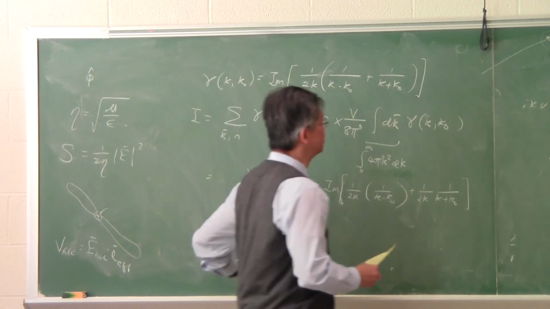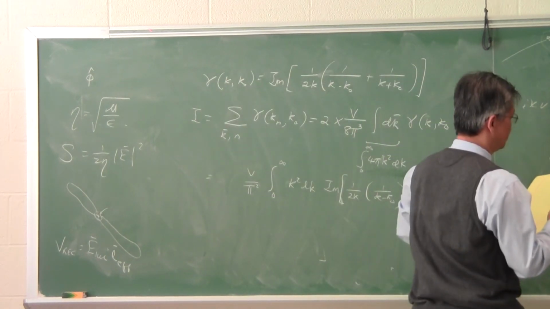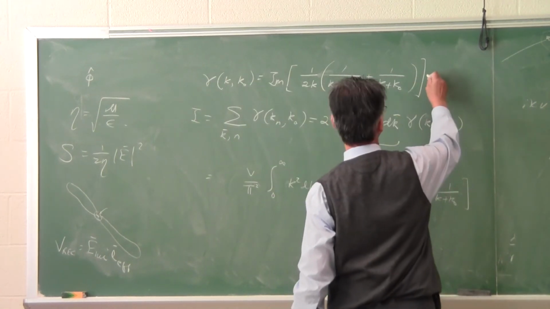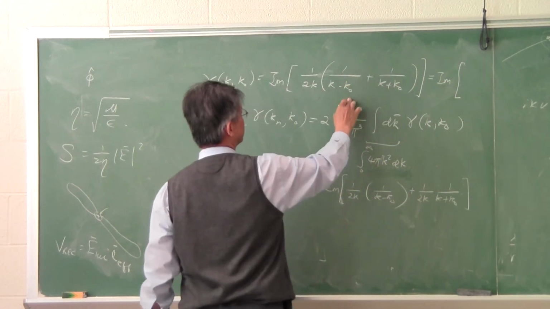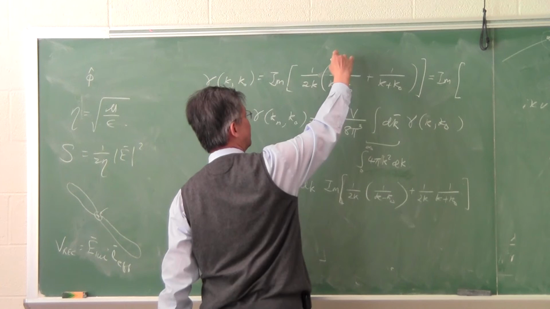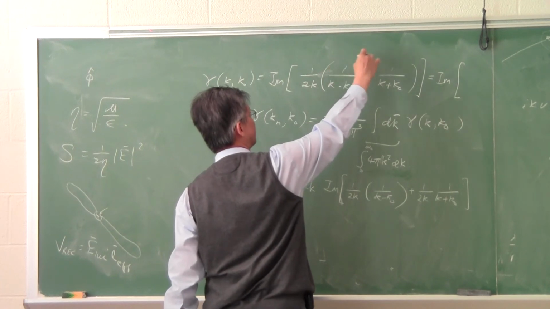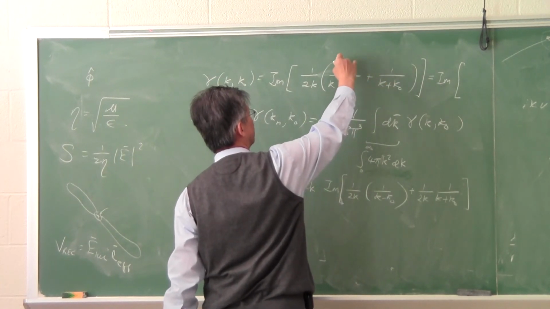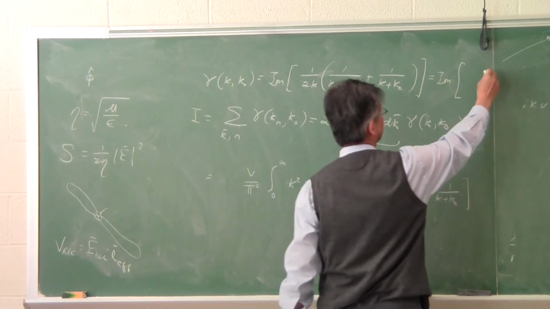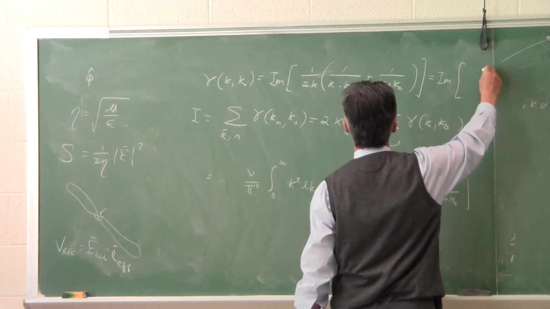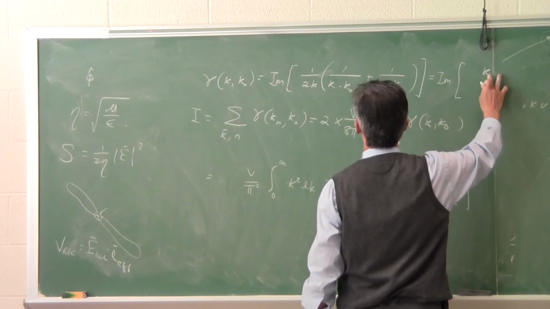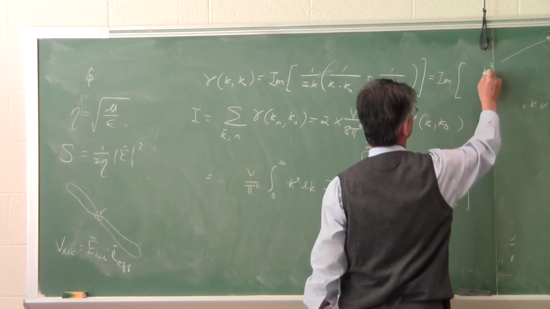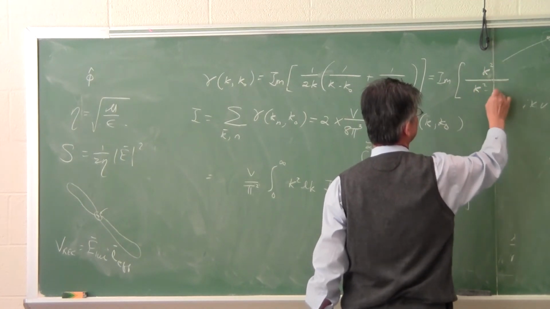If you combine these two, this can also be written as the imaginary part of, k plus k naught, k minus k naught, 2k, 2k, over k squared minus k naught squared.